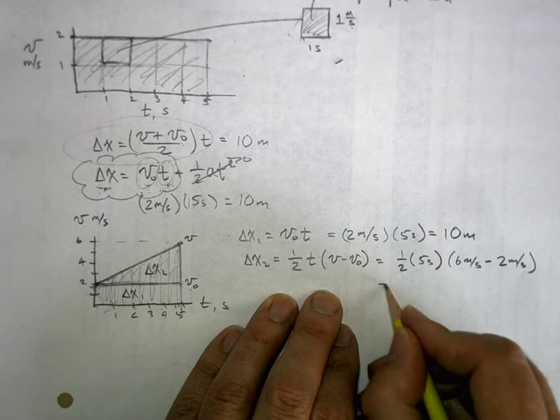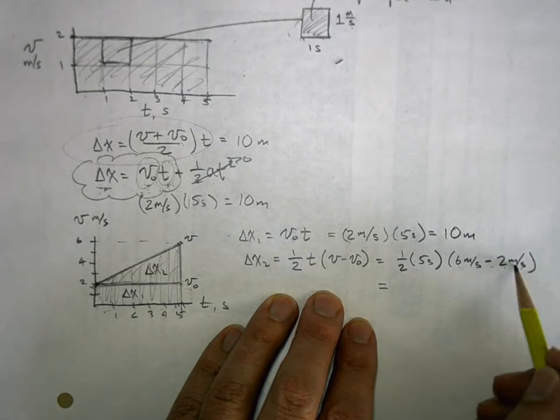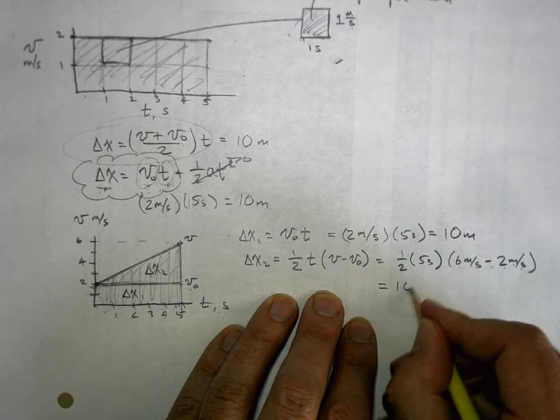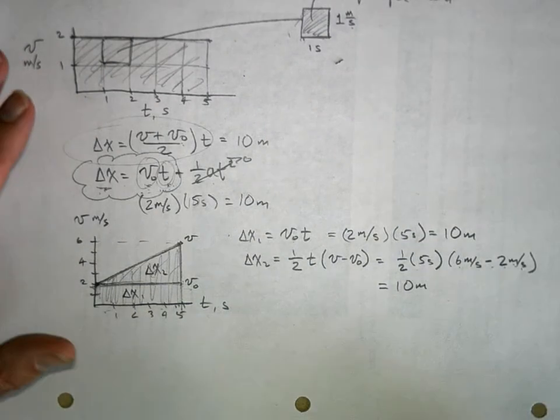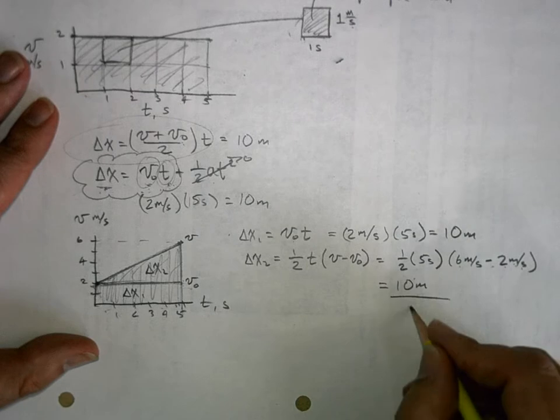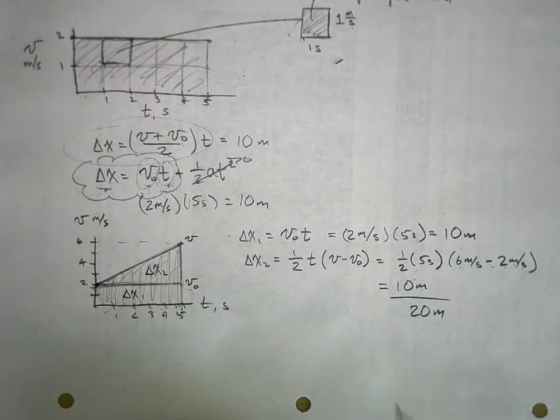So what does that equal to? That's 6 minus 2 is 4. 4 divided by 2 is 2. 2 times 5, oh, it's 10 meters again. I didn't mean for that to happen, it just did. So it's 10 plus 10 is 20 meters. That's my total displacement.